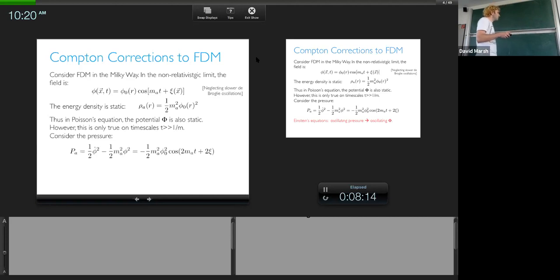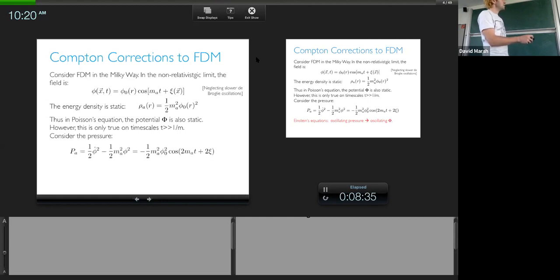To see that, consider the pressure. This is just the local expression for the pressure. The pressure is a half phi dot squared minus half m squared phi squared. And then you use your cosine 2-angle formula, and you find that the pressure actually still carries oscillations, at the frequency cosine 2mt.